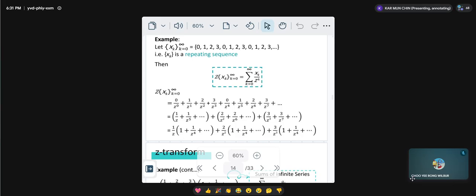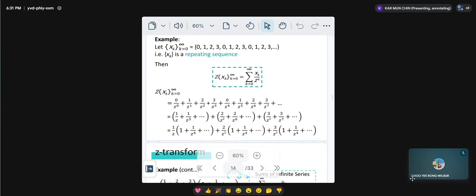Then you can rewrite it in this way. 0, 1, 2, 3, 4, 5, 6 is the numerator, I mean the terms are: the first term 0, 1, 2, 3, and then followed by 0, 1, 2, 3, and of course so on, like 0, 1, 2, 3 again.